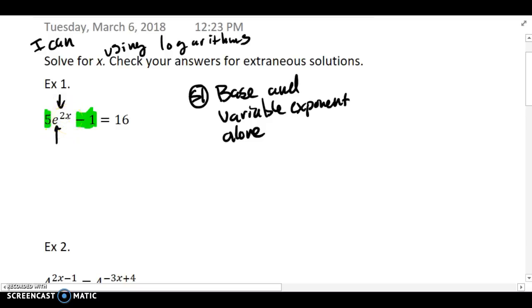So we need to get that alone. So I'm going to add 1 over, so I get 5e to the 2x is equal to 17, and then I divide off the 5. Okay, so we're going to get e to the 2x is equal to 17/5. Okay, and if you want to decimal that, that's fine.